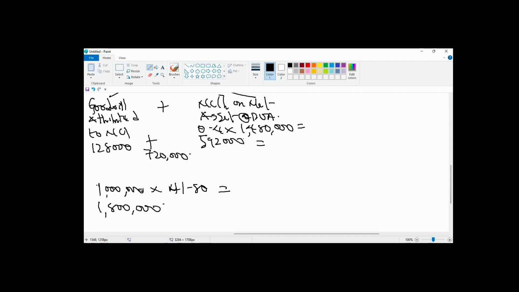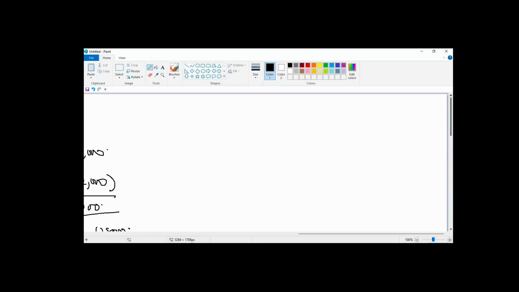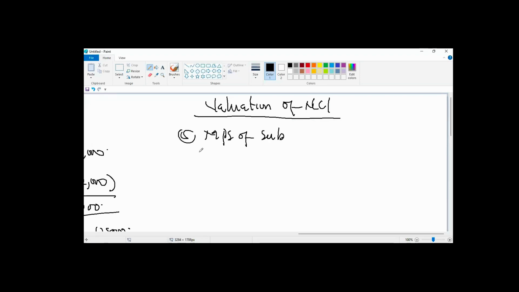Now, in summary, what we have been doing this morning, for clarity purpose, look at it. Valuation of NCI. 1. Market price per share of subsidiary will be given.